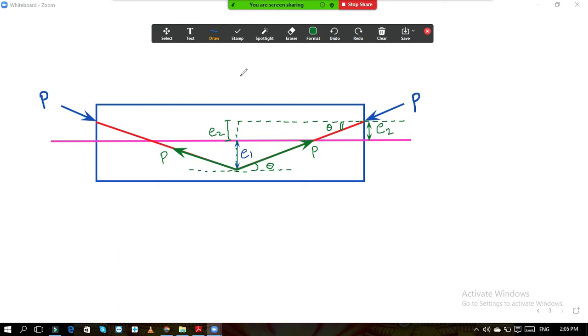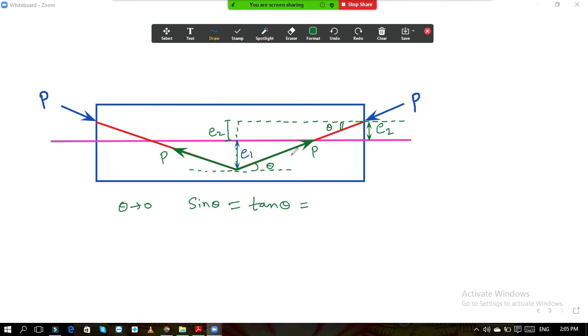Now in this case, if I want to calculate the sine of theta, you know that as theta tends to 0, sine theta is equal to tan theta. Now if you see this big triangle, if this angle is theta, then theta is equal to opposite side upon adjacent side. This is your adjacent side.